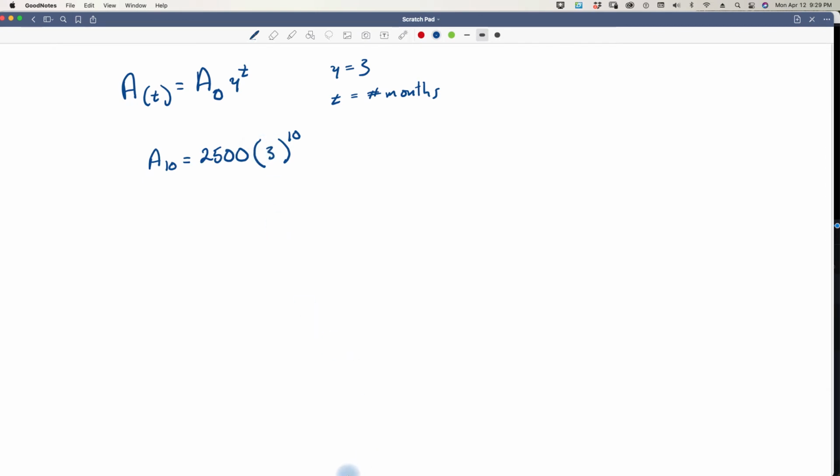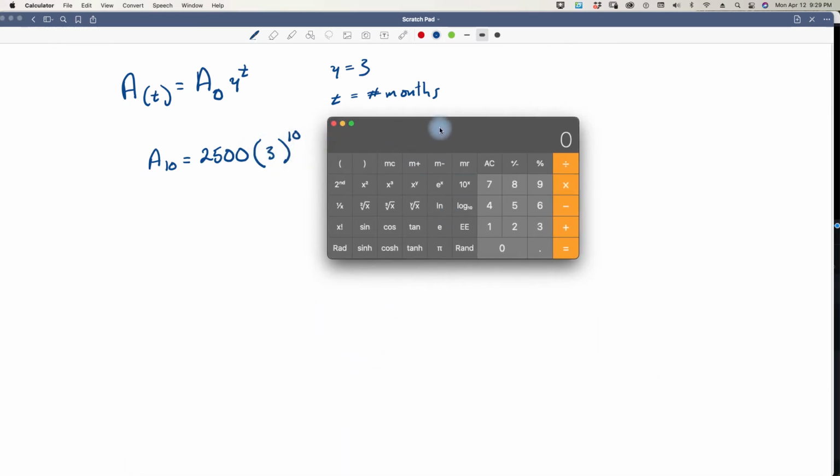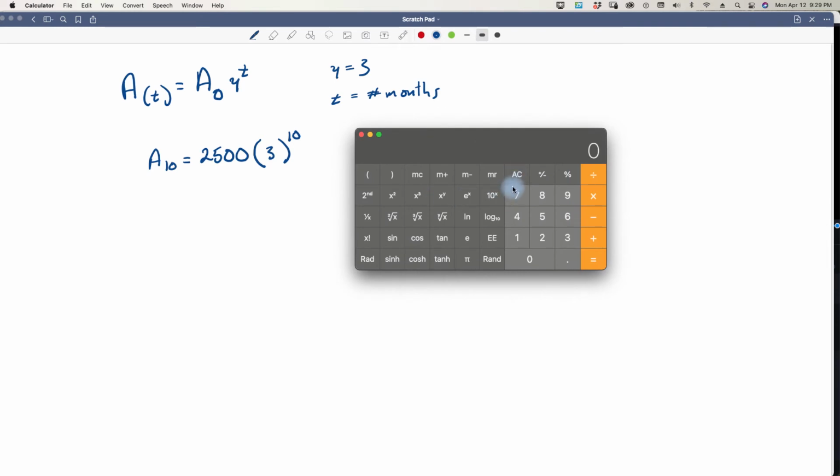We'll pull up our little calculator, and we are going to say all clear, 3, exponent key, 10, times 2,500, equals. Yeah, that's a big number. So we're going to write that number down, and we're just going to write, let's see, significant numbers, 1, 4, 7, 6, 2.